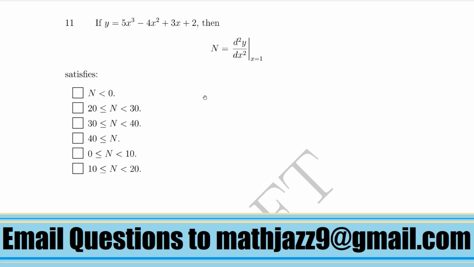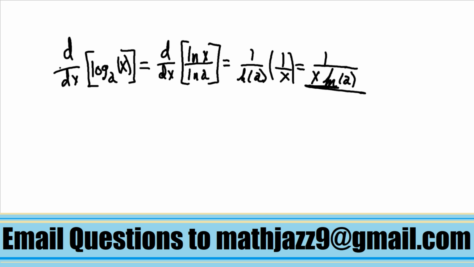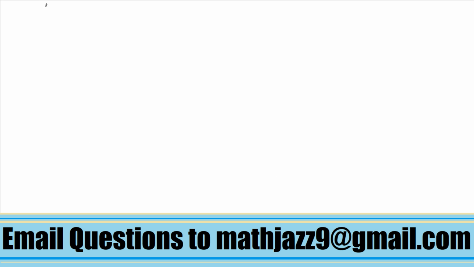So let's suppose that y is equal to 5x cubed minus 4x squared plus 3x plus 2, and n is equal to the second derivative of y at 1. Okay, so to do this, let's find our first derivative.